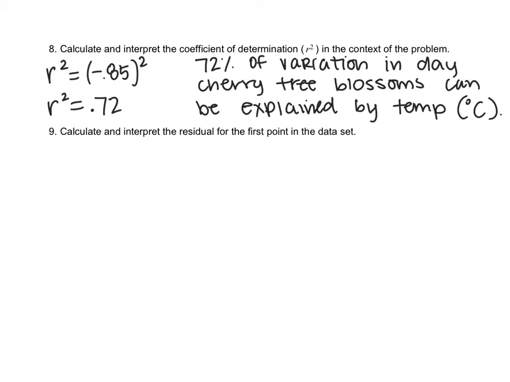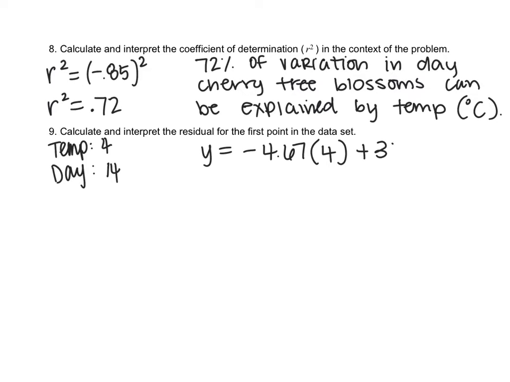So now what we want to do is calculate and interpret the residual for the first point in the data set. Our first point in the data set is a temp of 4 and the day is 14. So using my equation, y equals negative 4.67 times x, where instead of x we plug in our temperature, 4, plus 33.12, which is going to give us 14.44.